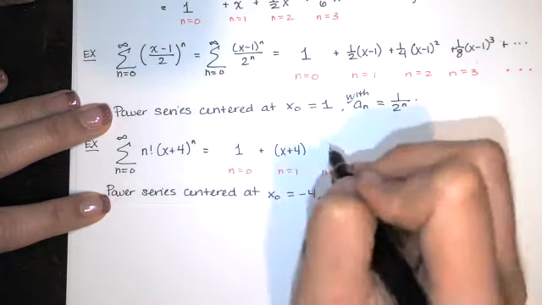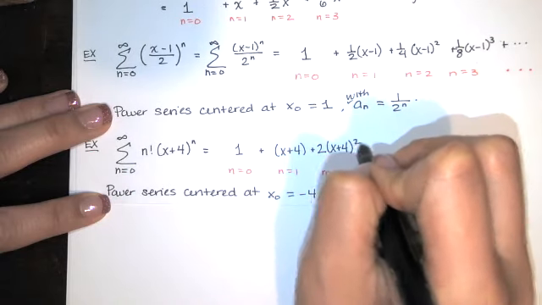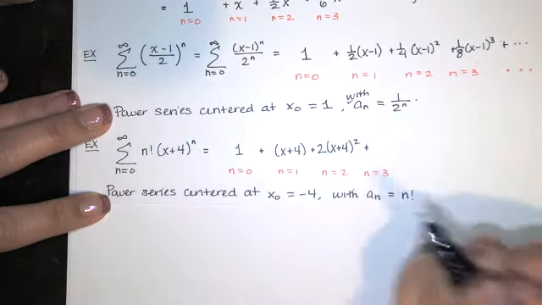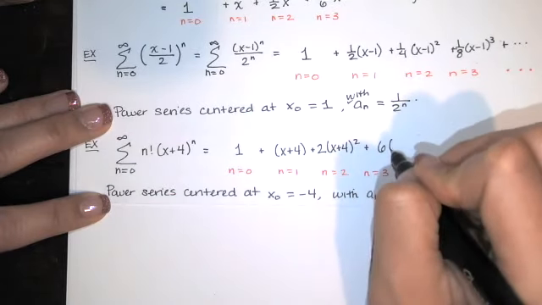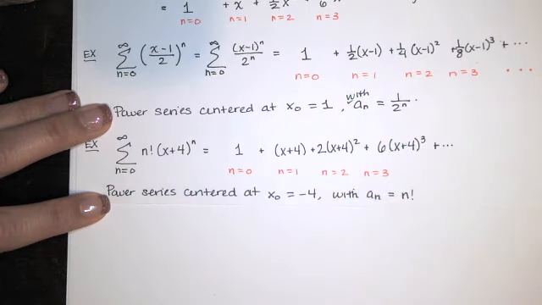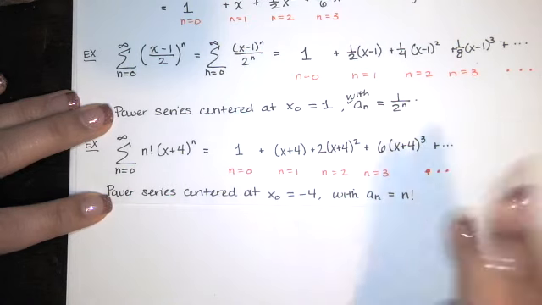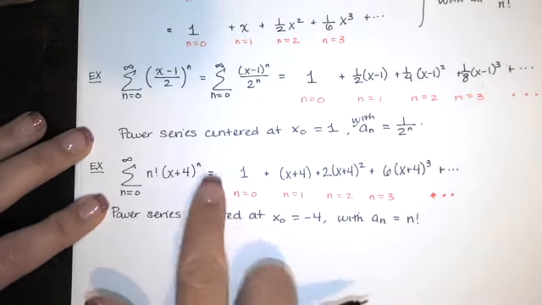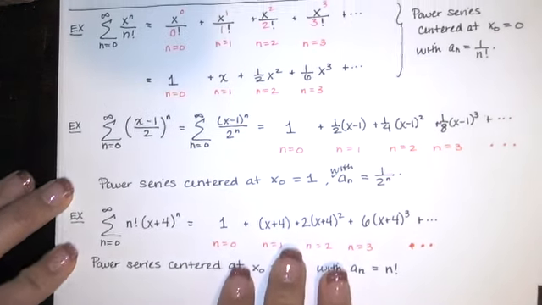When n equals 2, we'll have 2 factorial, which is 2, times x plus 4 squared. Then the next one is 3 factorial. 3 factorial is 3 times 2 times 1, which is 6. And then we've got an x plus 4 cubed. And you keep going. So that's the n equals 0 term, n equals 1, 2, 3, and so on.